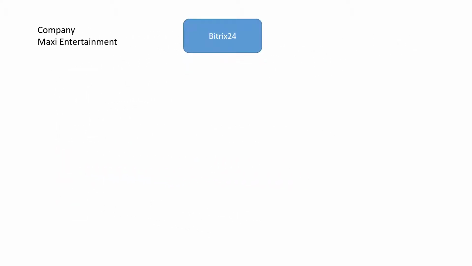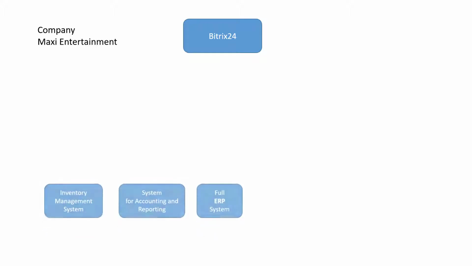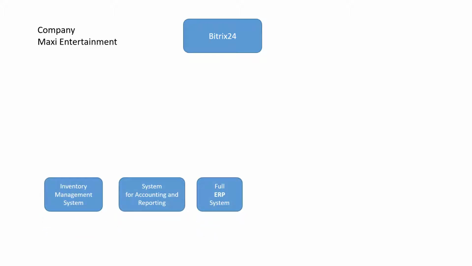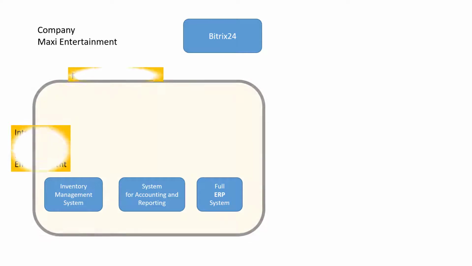Let's say we have a company with the name Maxi Entertainment, which is using Bitrix24, the cloud version. Company Maxi Entertainment may also be using an inventory management system, a system for accounting and reporting, or maybe it is using a full ERP system combining all the functionality.